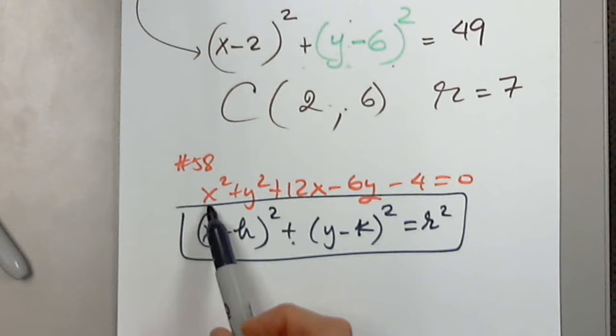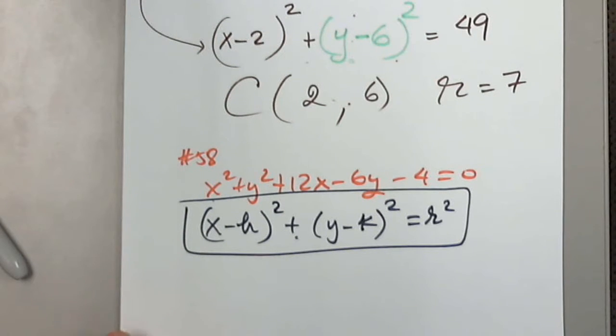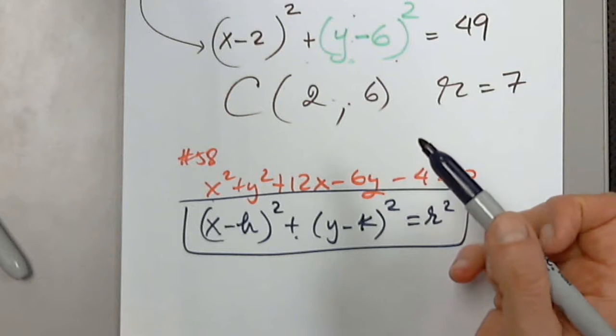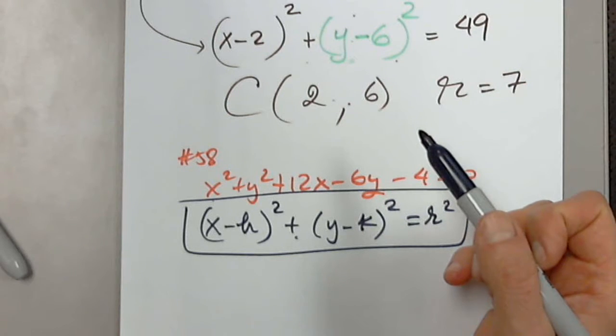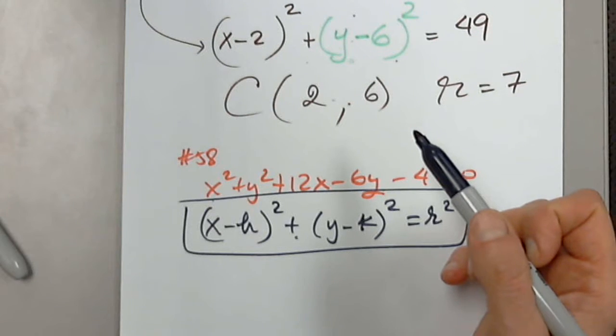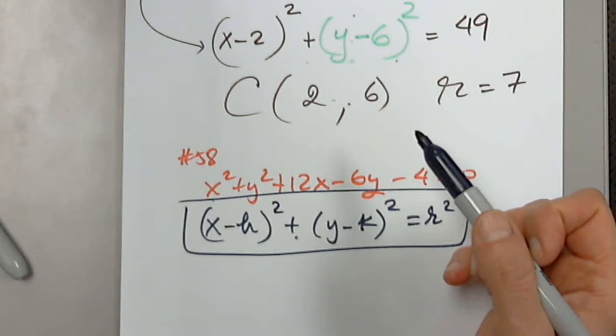Good. So look at x squared and 12x, and say you have to add, so what do I have to add? 4. Say it again. 4.